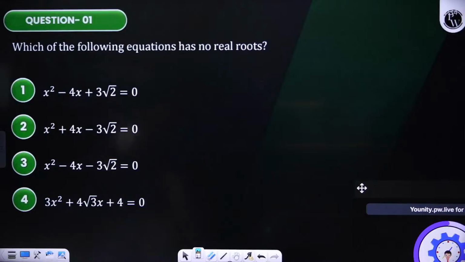I had told earlier that the a criteria will not come. Done. Second one is the answer.